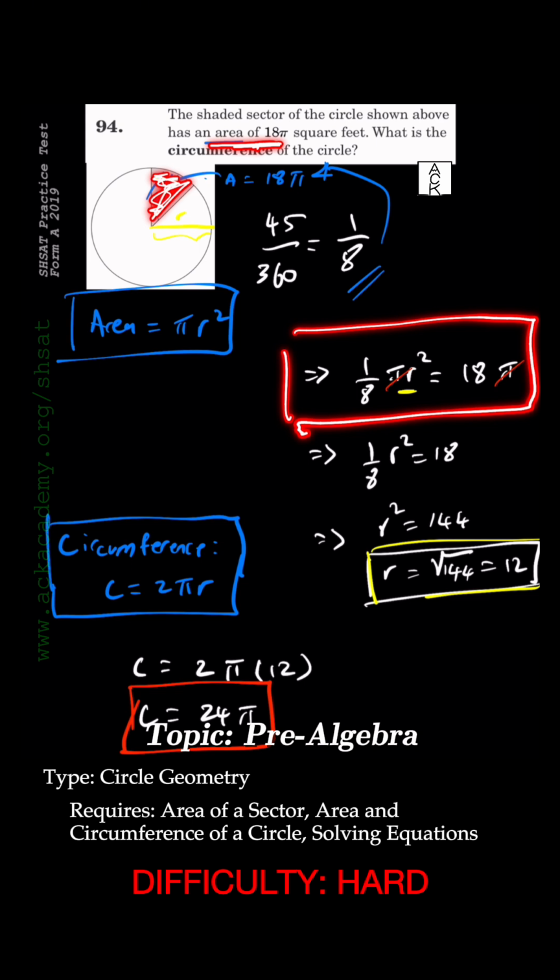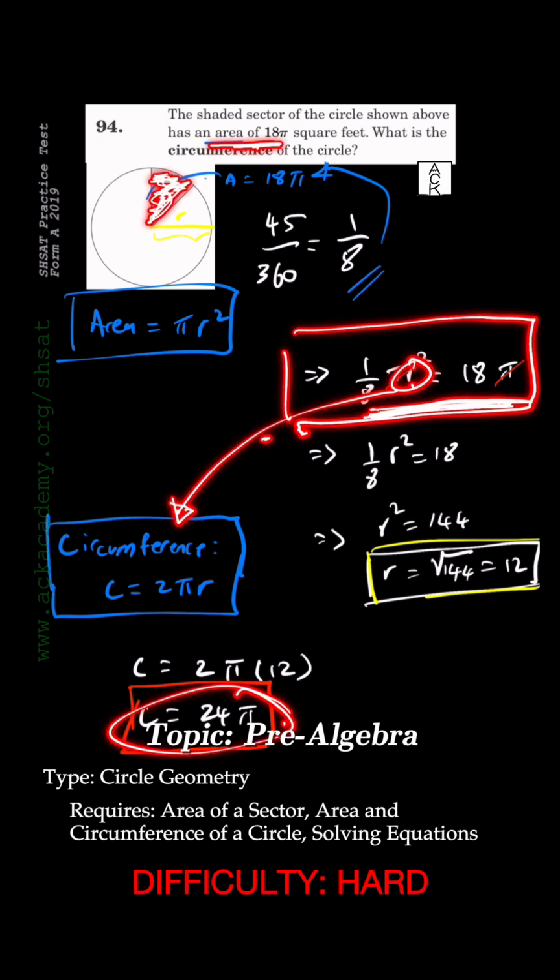So if we have the area of that segment, and we know that's 1/8 of the circle, we can get here, and from here we can figure out the r, and with the r we can plug it into the circumference of the whole circle, and then ultimately get what the circumference of the circle is.